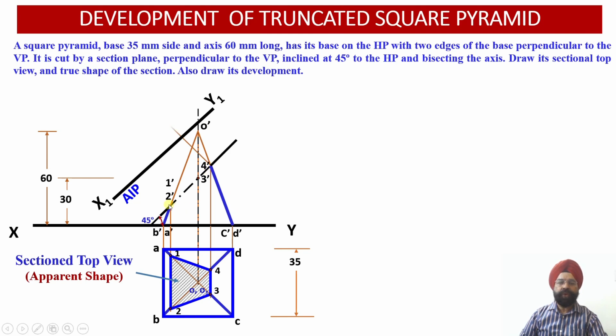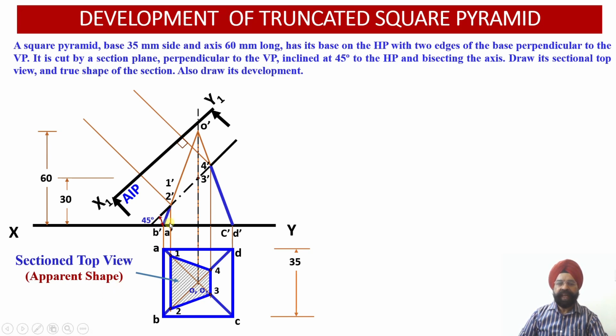So I am going to draw projectors through 1 dash, 2 dash and 3 dash, 4 dash. The projections from these 4 points drawn onto the AIP will provide me with the auxiliary plan projections on the AIP.